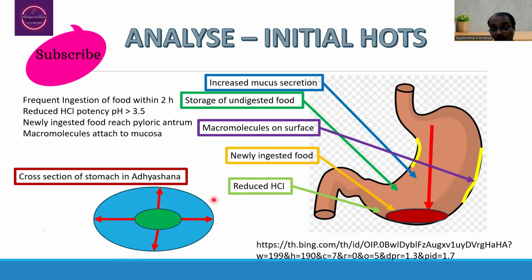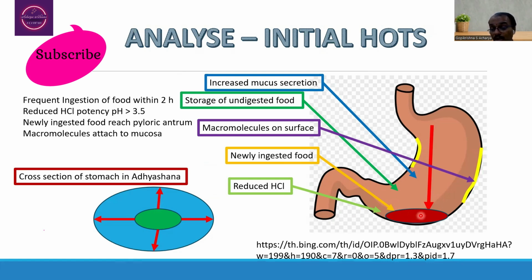After about 2 hours, which is the time period for the stasis of food in the stomach, these macromolecules move first into the duodenum, while the macromolecules present on the stomach wall move later.